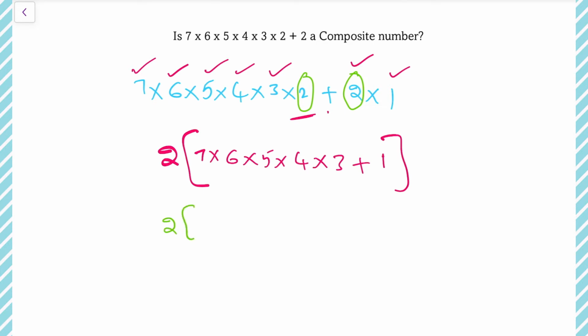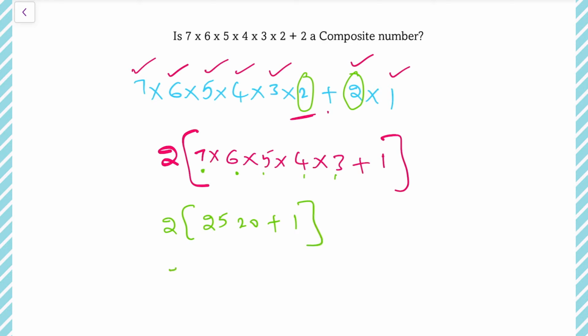Into, let us multiply all these numbers. 7 into 6, 7 6 are 42, 42 into 5, 210, 210 into 4, 840, 840 into 3, that is 2520 plus 1 as usual.